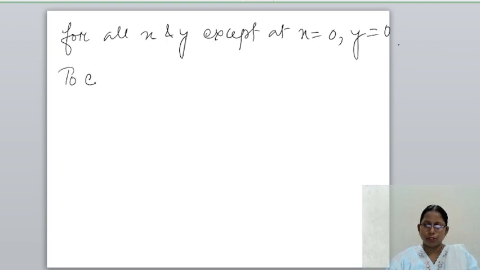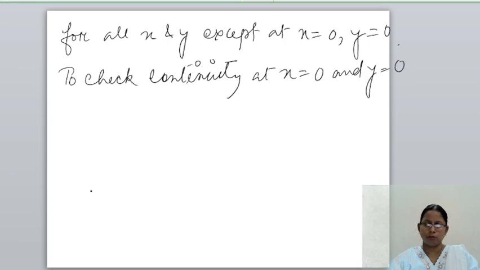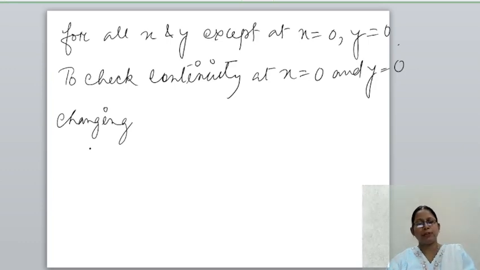To check continuity at x = 0 and y = 0, we change to polar. Sometimes by changing the Cartesian coordinates to polar, our calculation becomes easy because it reduces the number of steps of computation.